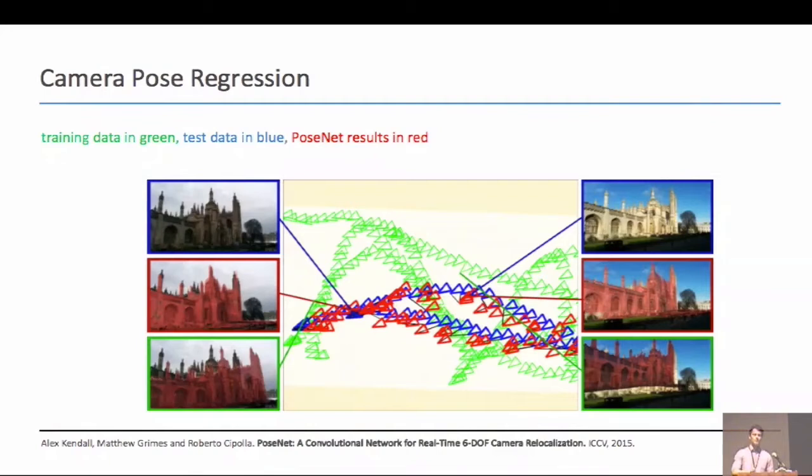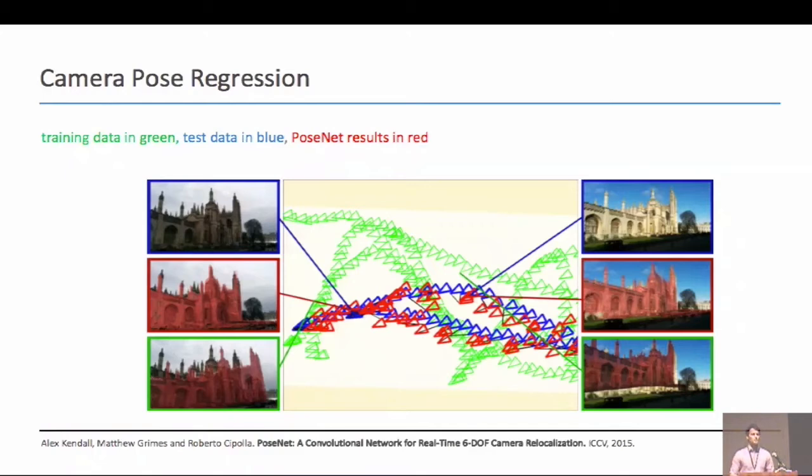So this is a top-down view of some localization data that we were trying to train on. In green is the training data. So you can see that there are a number of distinct sequences from different times of day and different weather conditions. And then blue is the testing sequence. This ground truth was obtained through a structure from motion model with bundle adjustment on the entire data set.